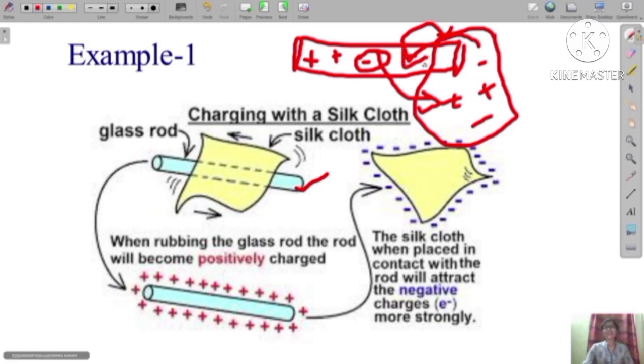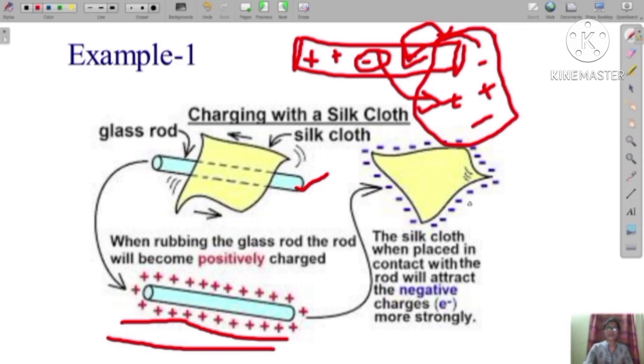So when the charges get transferred, the majority of the charges carried by this glass rod is positive, whereas this silk cloth is negative. So from the glass rod, whatever negative charges it was having are transferred to this silk cloth, and the positive charges which were had by this silk cloth are transferred to this glass rod.